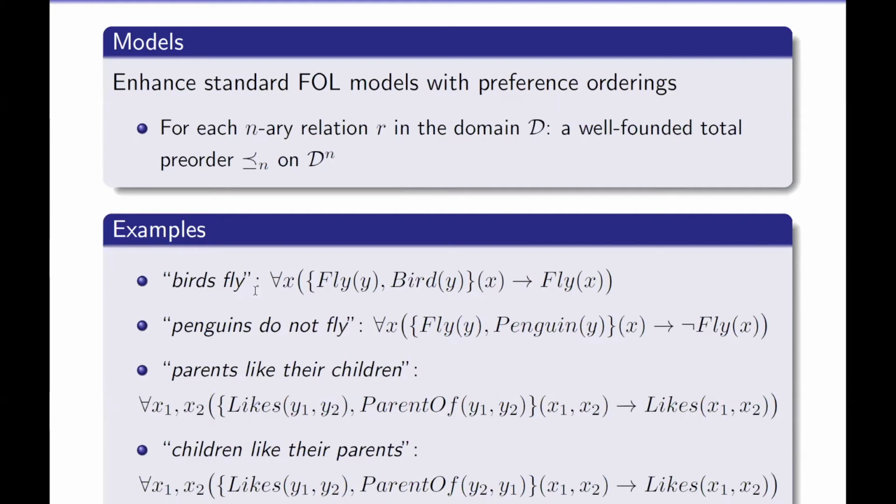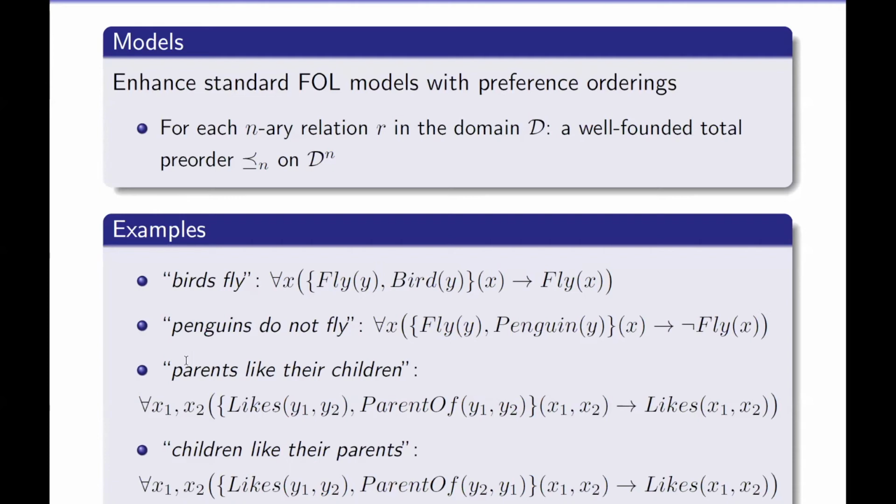Birds fly is expressed as all the elements that satisfy bird and are minimal in the ordering associated with fly, which means the minimal birds with respect to the property of flight indeed fly. For penguins don't fly, it's similar. This predicate forming construct gives the minimal penguins of the fly ordering, which are then denoted to not fly.